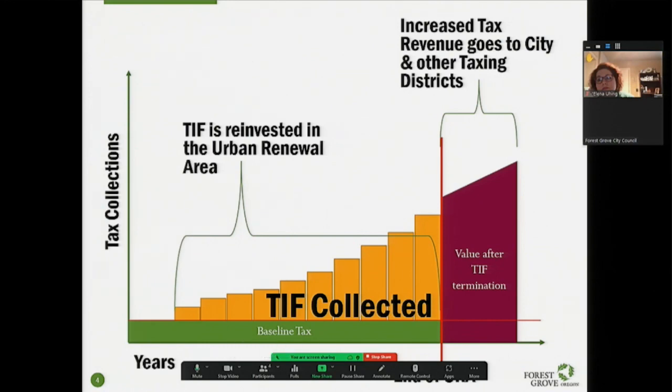Because when you increase that taxable assessed value, when the Urban Renewal Agency ends in 2035, unless the board extends it, you will return more money to the general fund. So the objective is to increase that taxable assessed value throughout that period by making wise investments in things that will increase the value, and in doing so, it'll benefit the general fund when it's done.